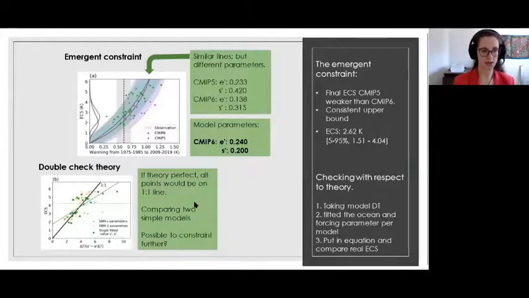And we should be able to combine all of these values to make sure that the internal variability is better constrained. So it does matter, but because we take internal variability into account, it's already included in the 5 to 95% uncertainty range.